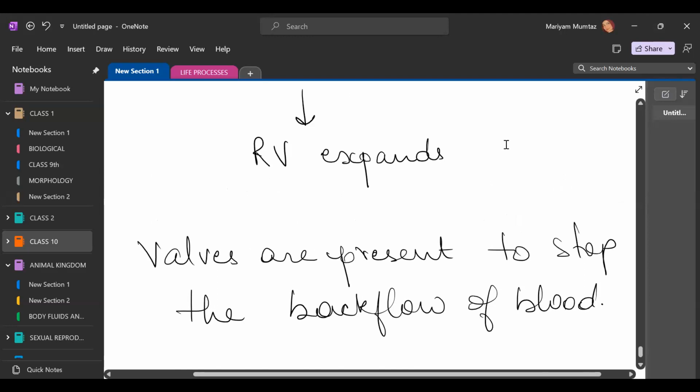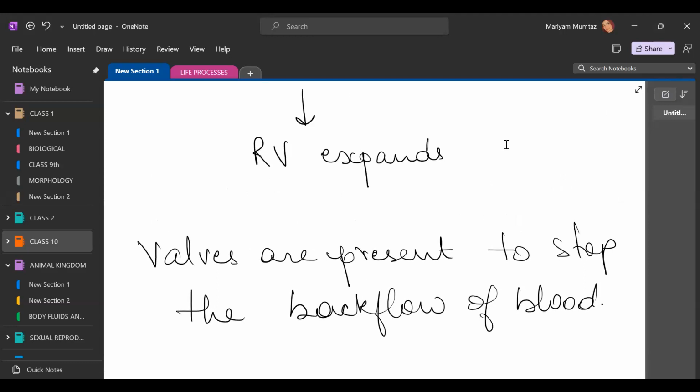So, the oxygenated blood from our heart goes to the different parts of the body. Yes, different parts of the body, not the lungs.